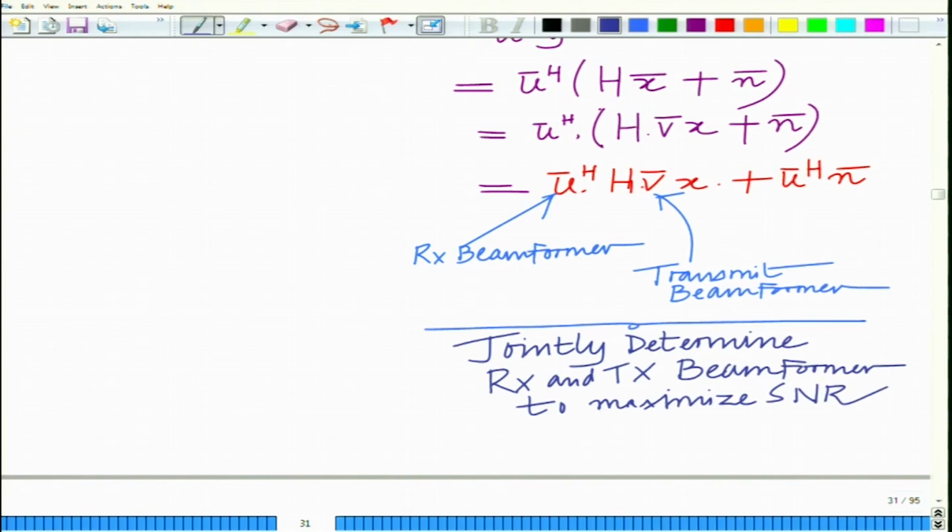So we have to determine both these beamformers, your U bar and also V bar.